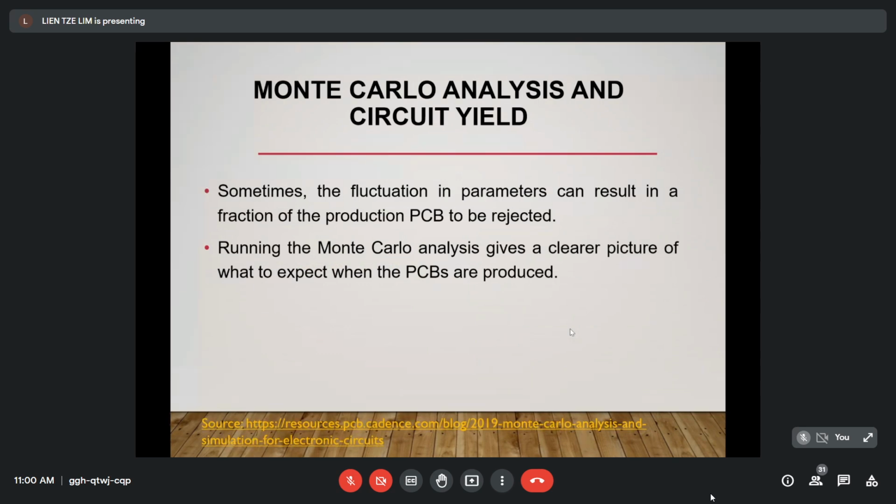Sometimes the fluctuations in parameters can result in a fraction of the production's PCBs being rejected. Running the Monte Carlo analysis gives a clearer picture of what to expect when the PCBs are produced. So this is the last slide about Monte Carlo analysis.